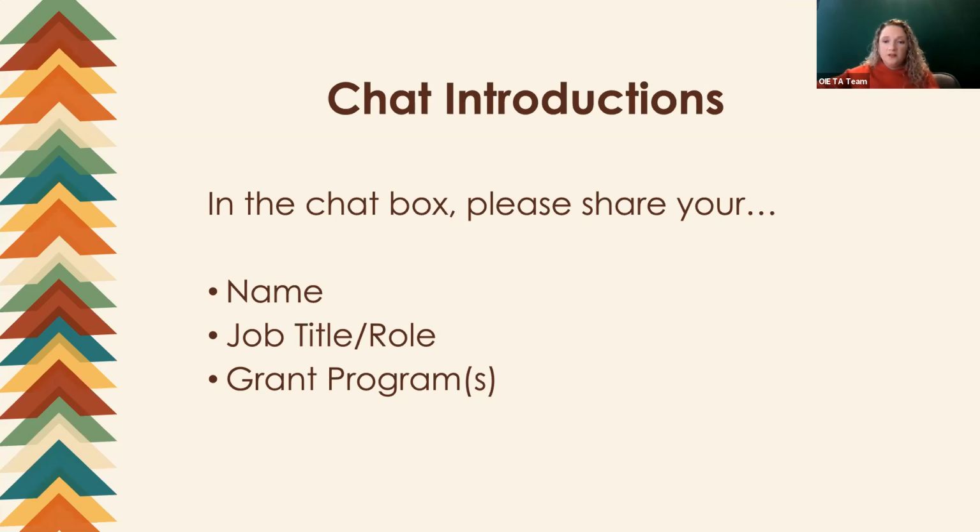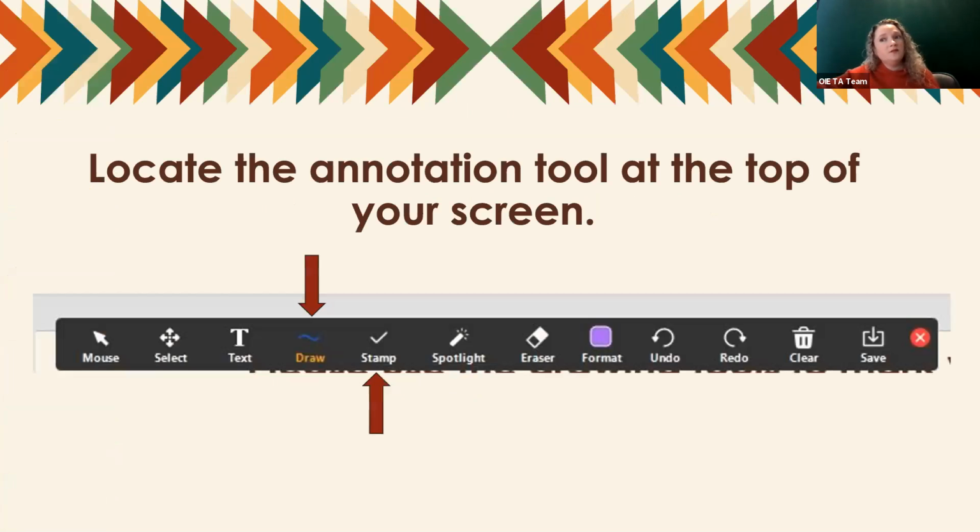So as we get started, the other piece of Zoom that I want to show you and get you to test out is annotation. Some of you may have done this before. Some of you may not have done annotation before. So on this one, you're going to actually want to look at the top of your screen. And it's going to say that you're viewing Sarah Brightwell's screen.